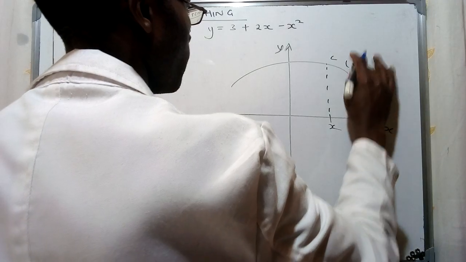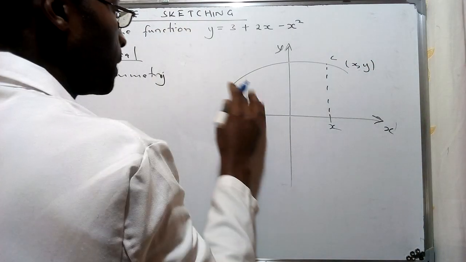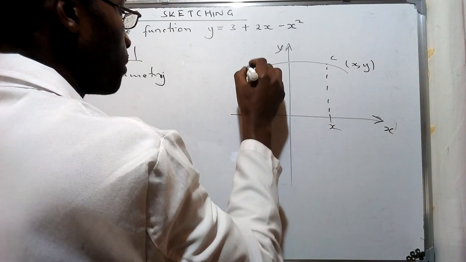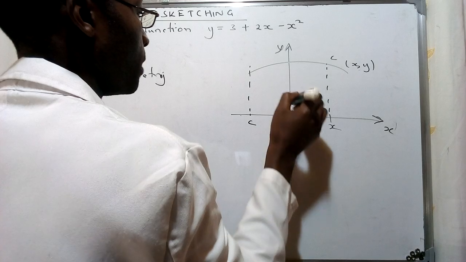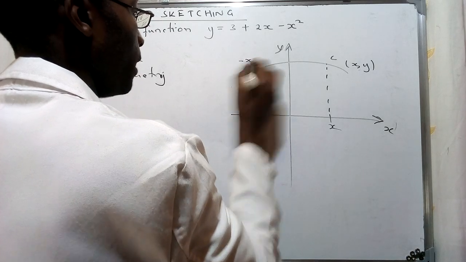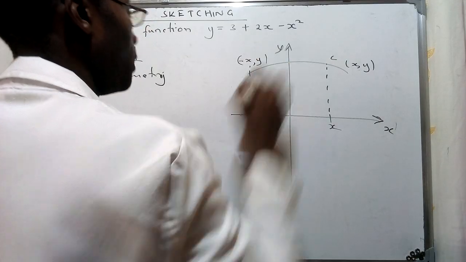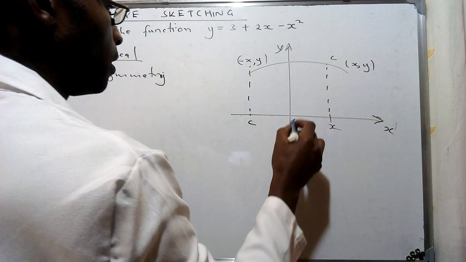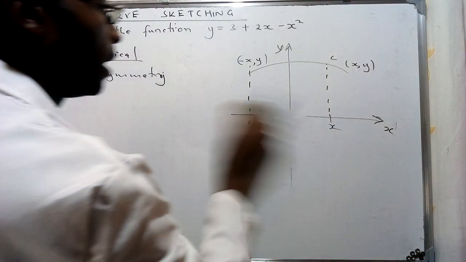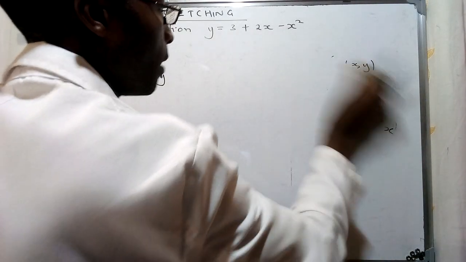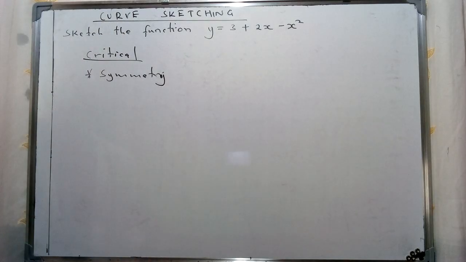So we're going to have the coordinates for C given as (x, y). In this particular case, we're going to have an opposite corresponding point, given in terms of negative x, and we're going to have y given as such. Such points are going to have lines of symmetry across the y-axis and across the x-axis given as such. And of course, I'm just going to limit that at such a point.